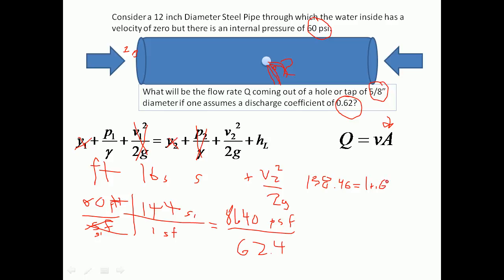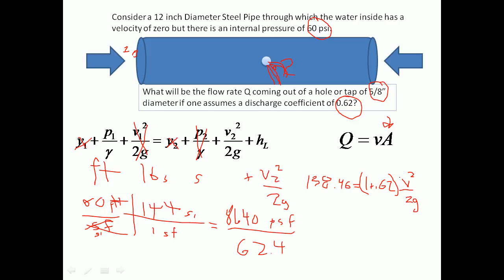In other words, you factor out v squared over 2g, the 1 being the velocity head, and then the head loss discharge coefficient 0.62 goes in there, and you've got v squared over 2g.